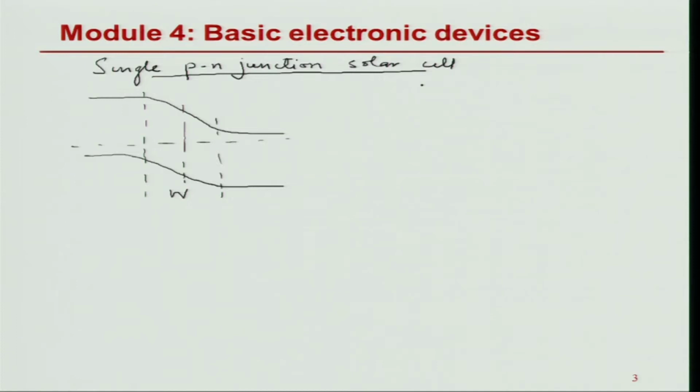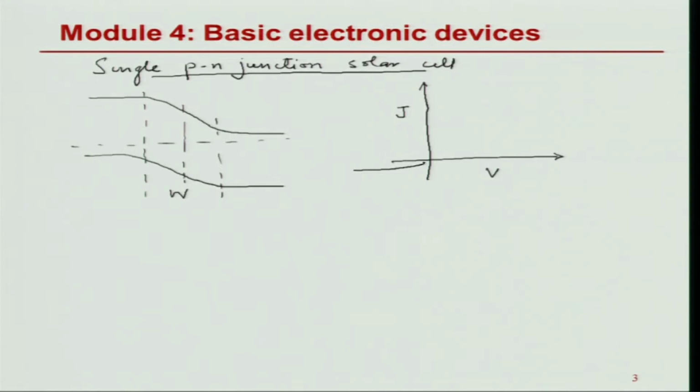And if I look at the IV characteristic when I apply a voltage, I would like to change from current to current density, because generally in solar cells we talk about current density, the current per centimeter square, to keep the units the same for different area solar cells.